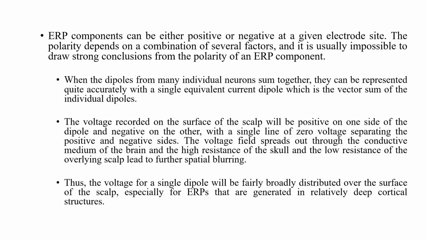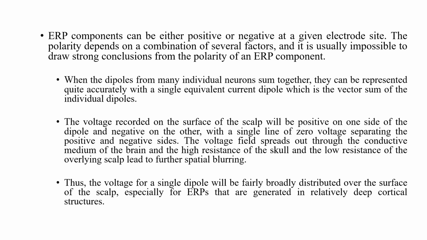Now, when the dipoles from many individual neurons sum together, they can be represented quite accurately by a single equivalent current dipole, which is the vector sum of all of these individual dipoles. If they are all summing together, they are oriented in the same direction. The voltage recorded on the surface of the scalp will be positive on one side of the dipole and negative on the other side, with a single line of zero voltage separating the positive and negative sides.